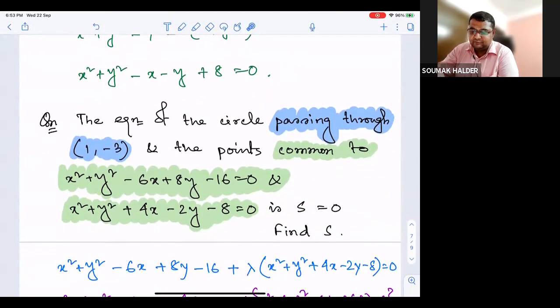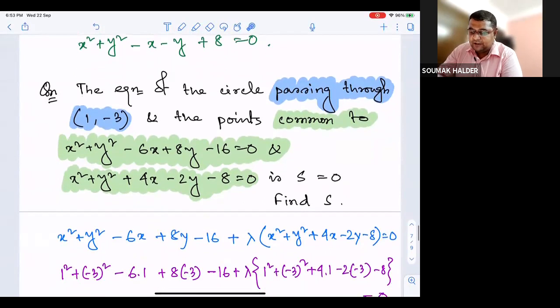So we take the lambda association of the two expressions and equate it with 0. This is a possible representation for the family of circles, and we are searching for a member which should pass through 1 comma minus 3. That means for the required family member, this equation should be true on substituting 1 comma minus 3.